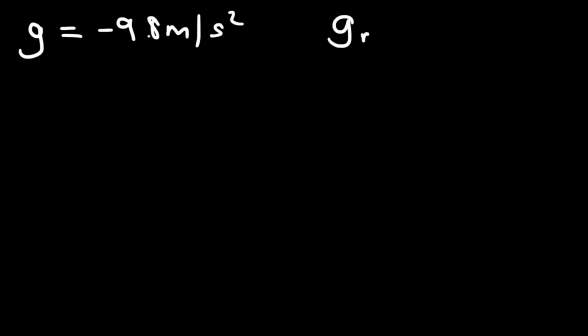So the gravitational acceleration of the moon, for example, is negative 1.6 meters per second squared. It's a lot less. One reason is the moon has less mass than the Earth. And so you will weigh a lot less on the moon. You'll feel lighter on the moon, and you can jump higher on the moon. But let's focus on the gravitational acceleration for Earth, negative 9.8.